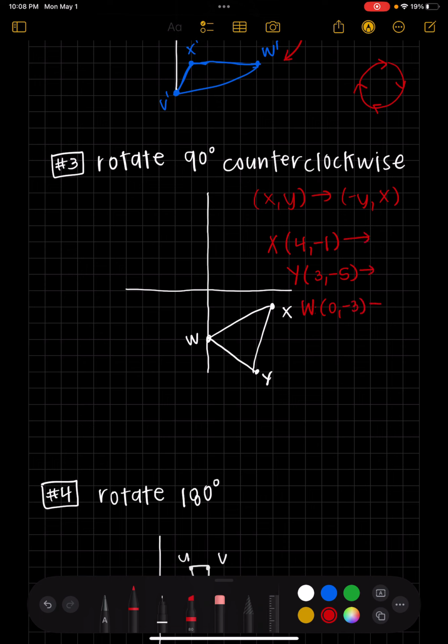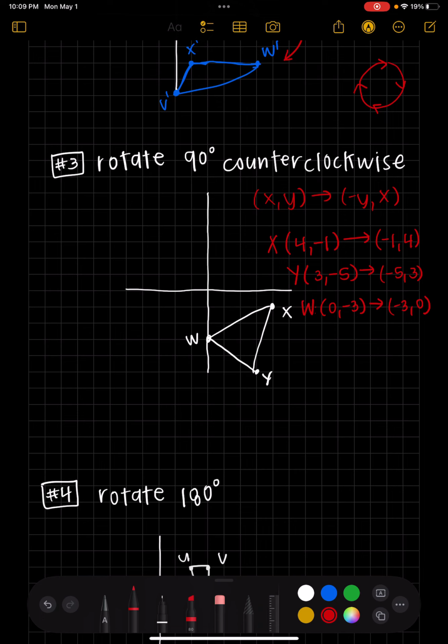Now I'm going to change them so that it's (negative y, x). So what I'm going to do is flip-flop the x and the y, so it becomes (-1, 4), or (-5, 3), or (-3, 0). But that's just me flip-flopping the x and the y.